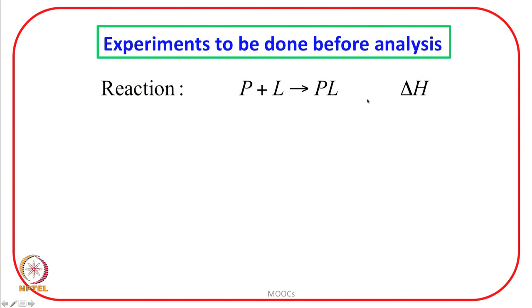We are interested in understanding the interaction of a ligand with a protein to form a complex. P plus L forms PL, and the associated change in enthalpy is delta H. That is what we want to experimentally determine.